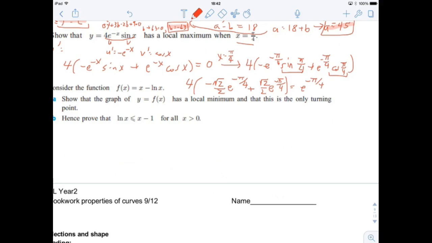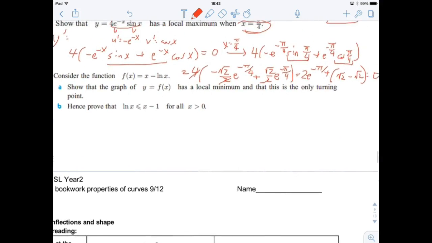And then you can see that the 2's cancel with the 4, leaving a 2 there, and we have square root of 2 minus square root of 2, and then we get 0. So we can plug in their value, x equals pi over 4, into our expression for the derivative, and we indeed prove that it's equal to 0.